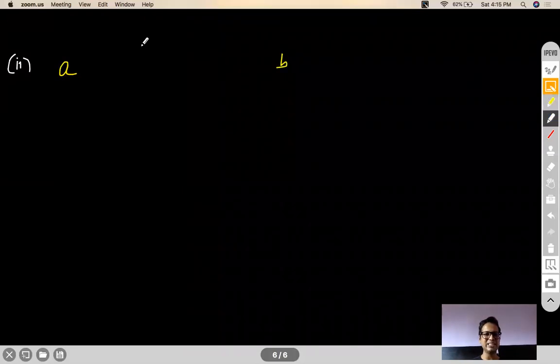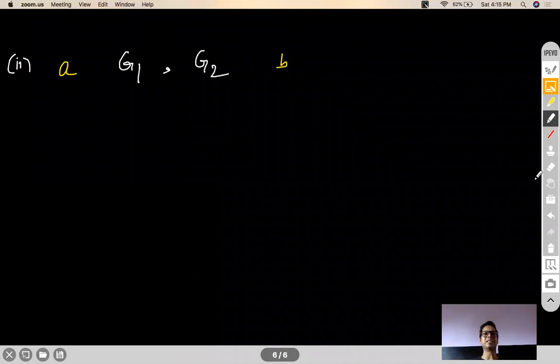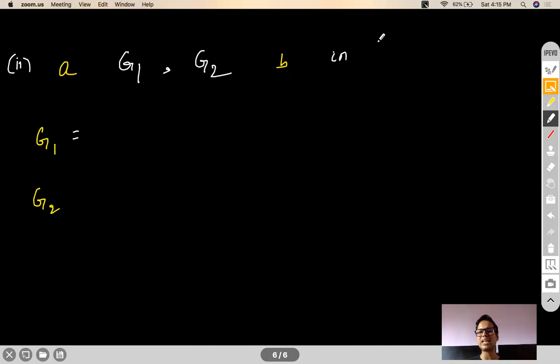If between A and B, which are positive quantities, I am inserting two geometric means G1 and G2, let me know what G1 and G2 are in terms of A and B. Here also, if A, G1, G2, B, with G1 and G2 as the geometric means, these quantities are in GP.